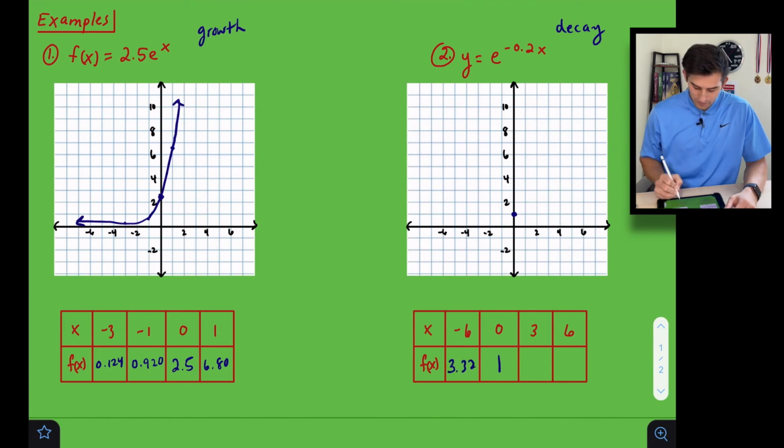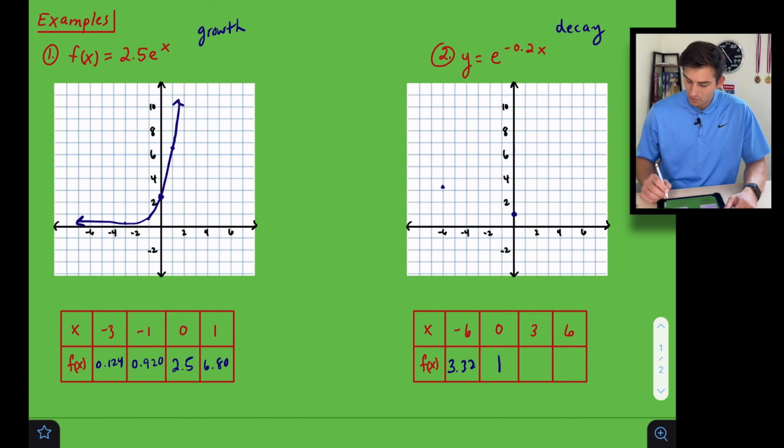So 3.32 for negative 6, so that would be about right here. So negative 6 and 3.32.